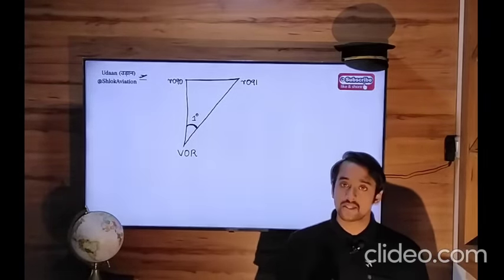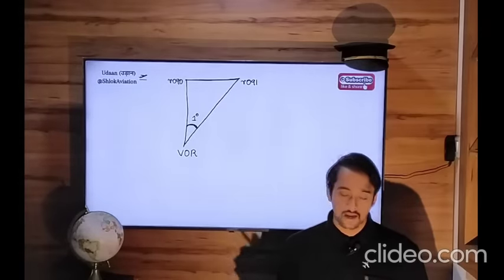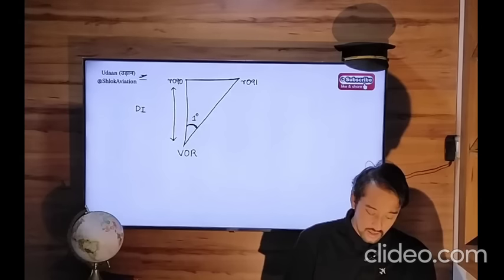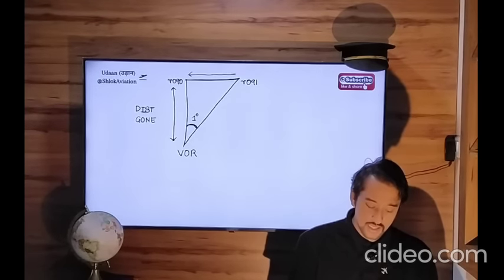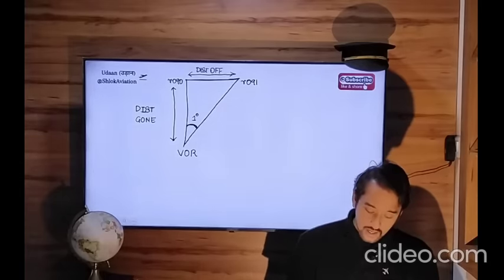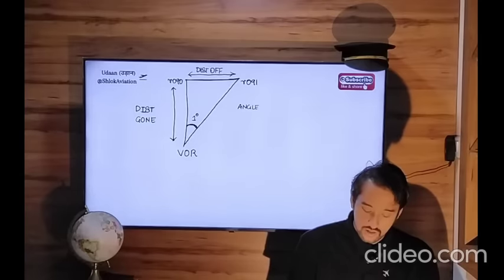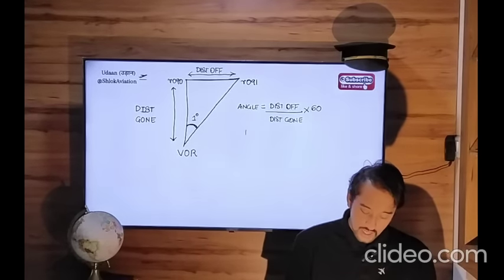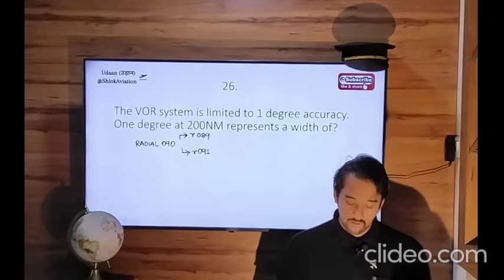Now this is a good example of the 1 in 60 rule, this triangle, where this side of the triangle is your distance gone, distance traveled. This side of the triangle is distance off track. So angle equals distance off track divided by distance gone, into 60. Angle is 1 degree. Distance off track, the width, is what we have to find out.